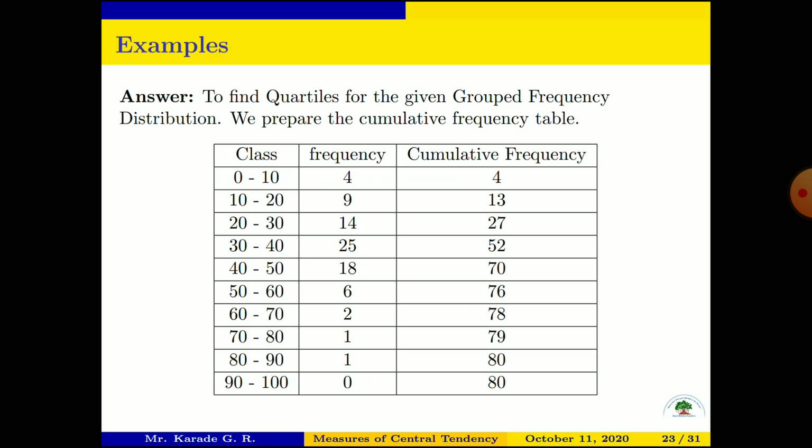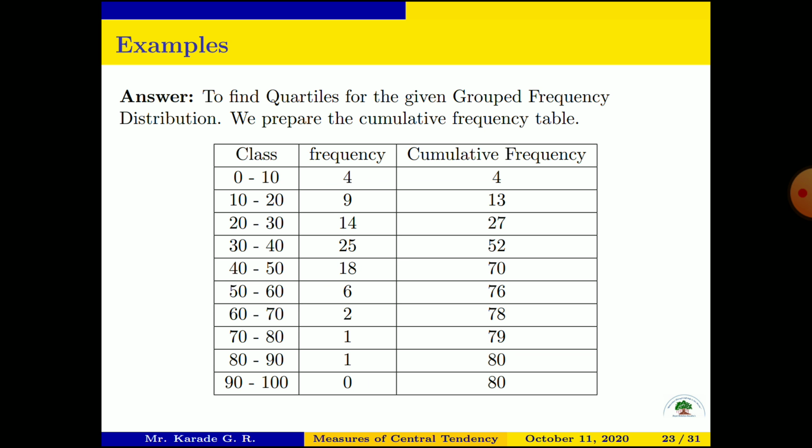Write the answer. So in the first step, as we have seen, we have to find out the cumulative frequency table for the given grouped frequency distribution. To find quartiles for the given grouped frequency distribution, we prepare the cumulative frequency table as below.